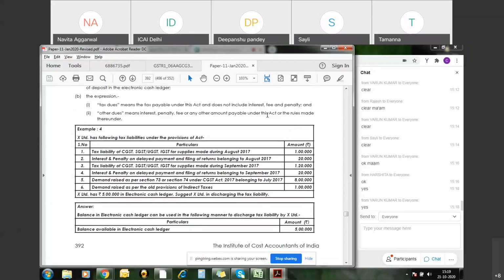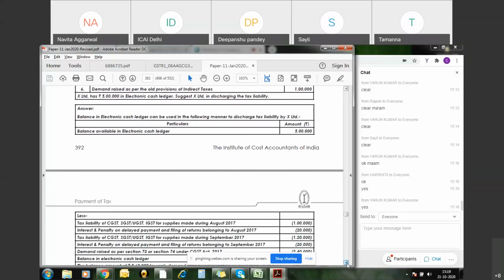Similarly, in the month of September, there is a tax liability of 1 lakh 20,000. Again, the amount has been deposited or the return has been filed late, so there is a penalty of 20,000. There is a demand under Section 73 and 74 of the CGST Act that belongs to July 2017, that is 8 lakh, raised as per the old provision under the indirect tax.